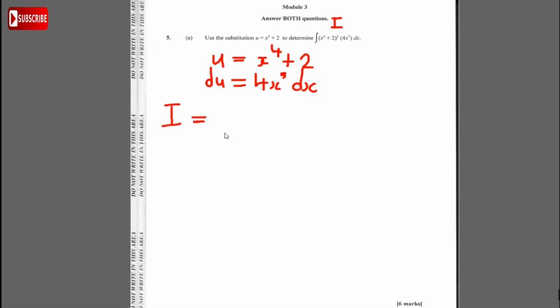I'm going to write I as the integral of, instead of saying 4x to the 7, I'm going to break up 4x to the 7 as 4x cubed times x to the 4.